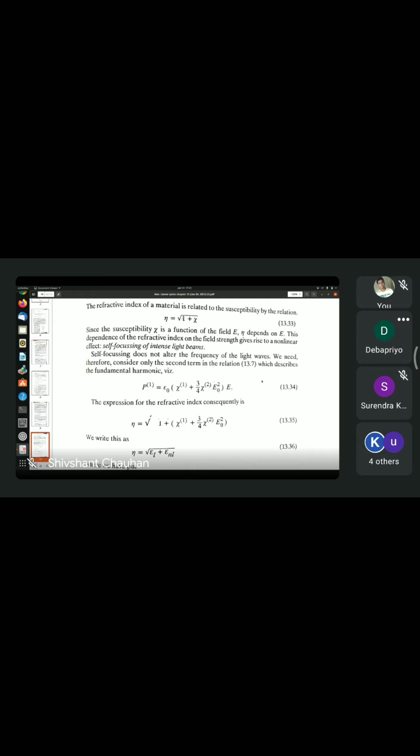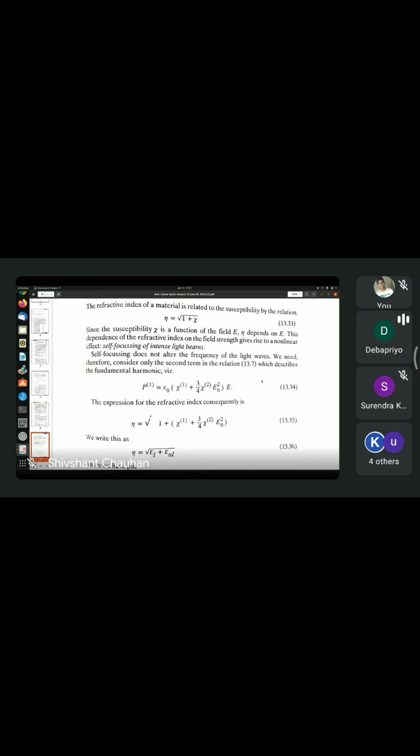Okay, and then this can be written as root over epsilon L plus epsilon NL. Why epsilon? Remember that epsilon is the permittivity of the medium. So permittivity of the medium is epsilon 0 plus epsilon 0 into chi. For a linear medium you have just chi, and so epsilon is epsilon 0 into 1 plus chi.